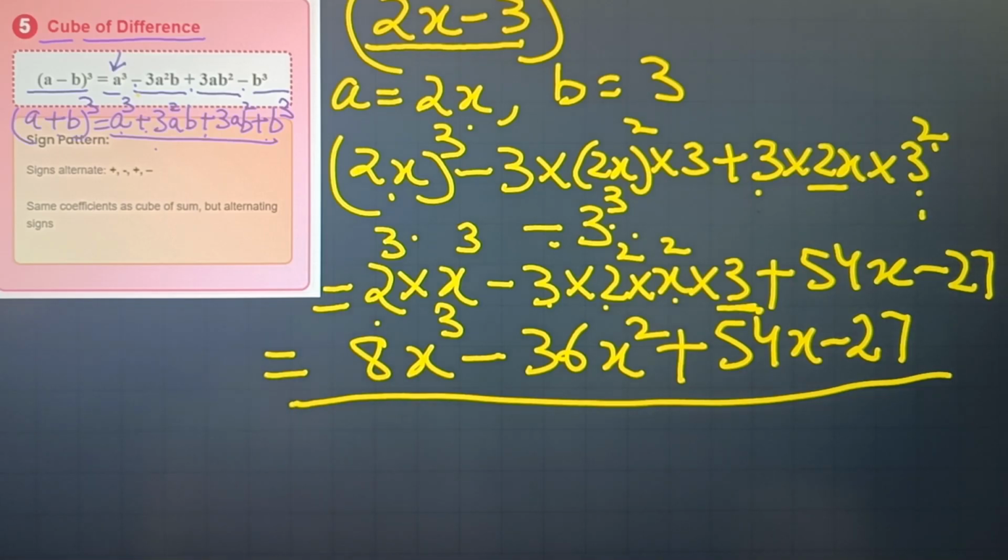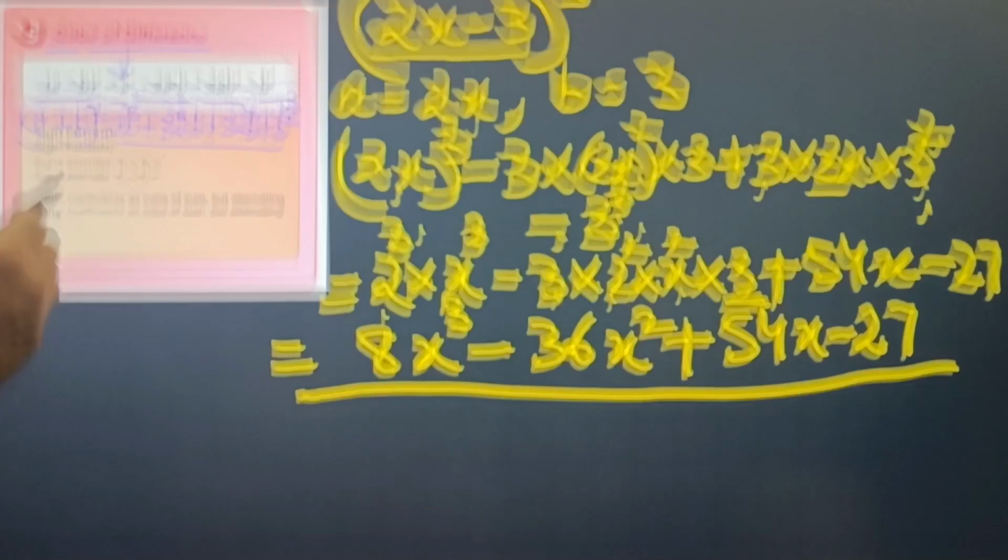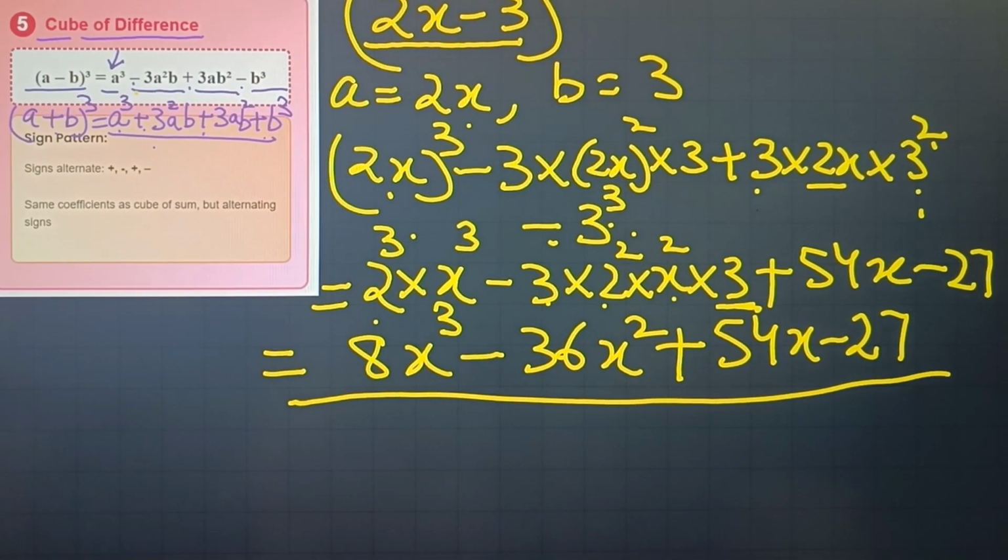So this is our final answer by using this particular identity of a minus b whole cube.